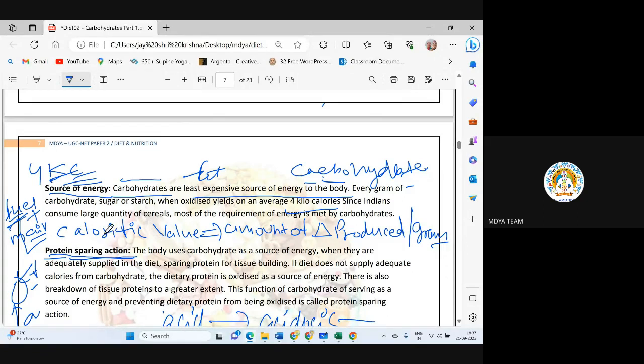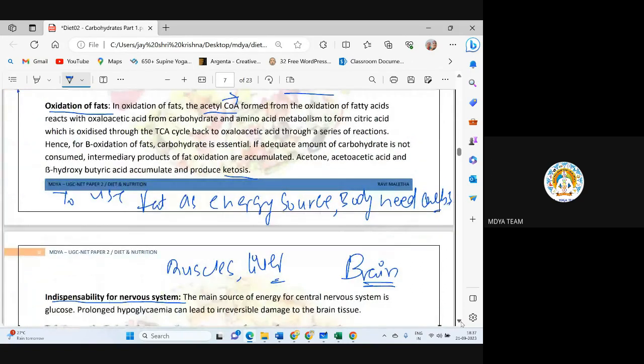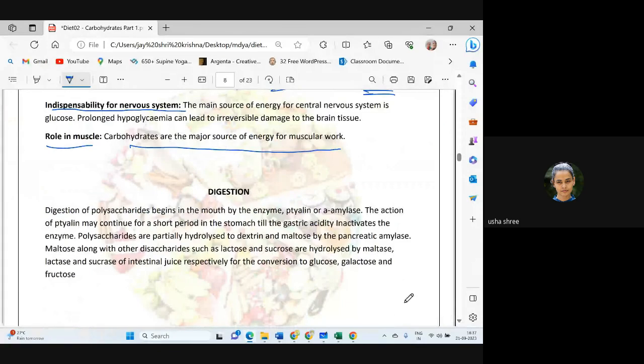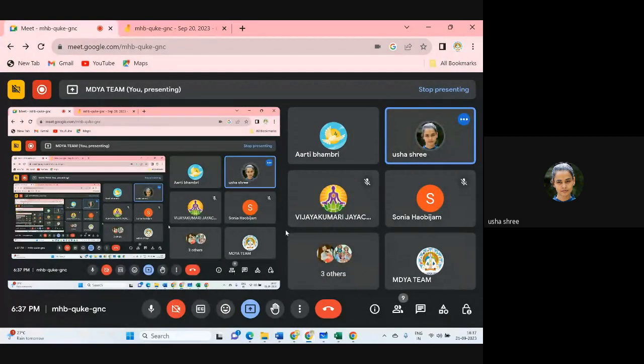Okay, can anyone explain this protein sparing action? Protein sparing action of carbohydrates is when carbohydrate is consumed in enough quantity, then the body's protein won't be used up as a source of energy. That way, it helps the body keep the protein intact so it can be used for building muscles and tissues.